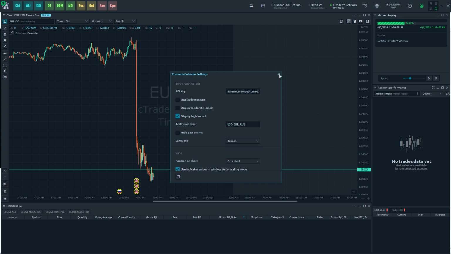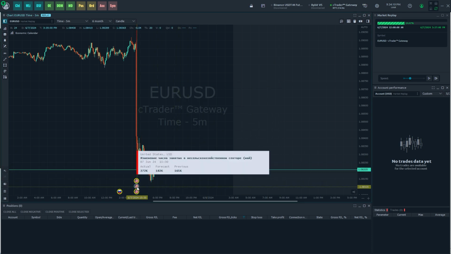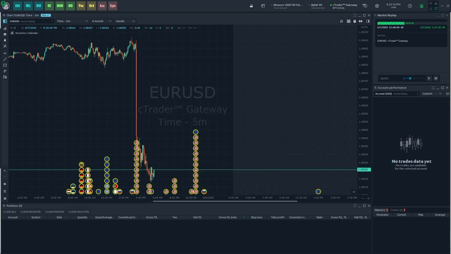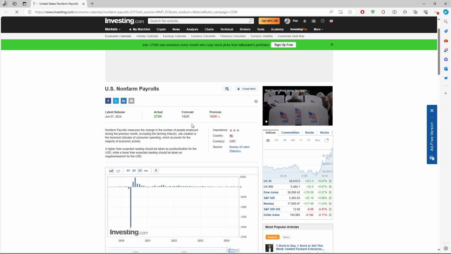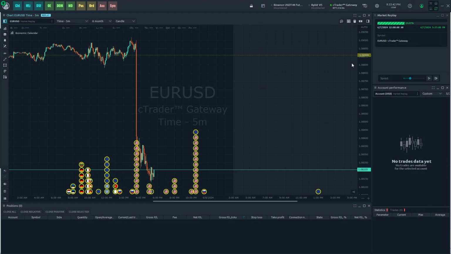This will allow you to be aware of potentially volatile periods and take the necessary measures. Finally, use the indicator in combination with other trading tools, such as technical or fundamental analysis, to get a more complete picture of the market. The economic calendar provides valuable information, but the final decision on trading is always yours.